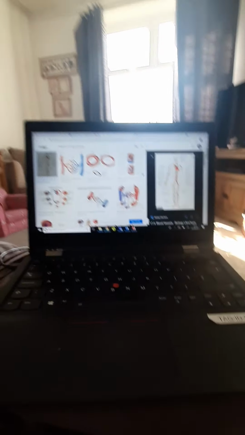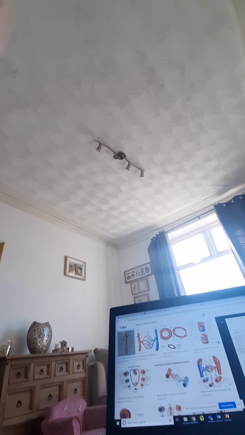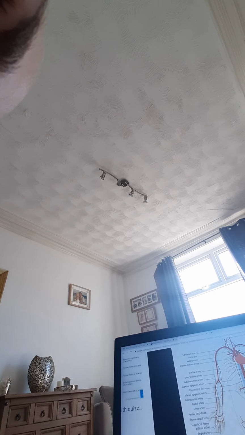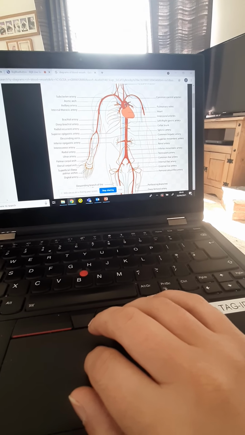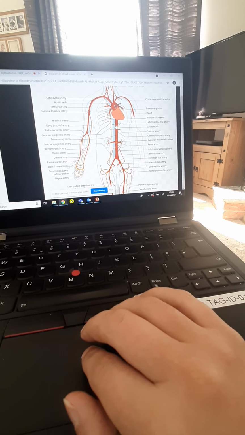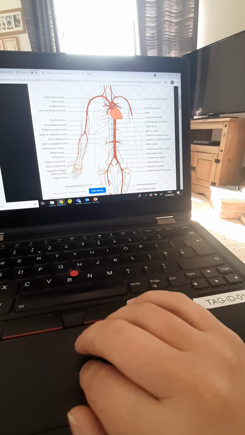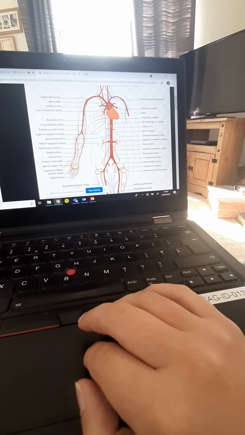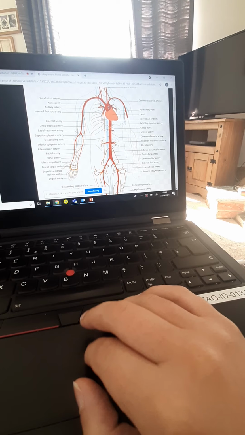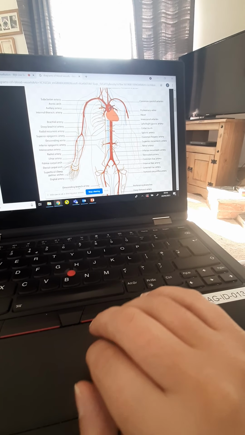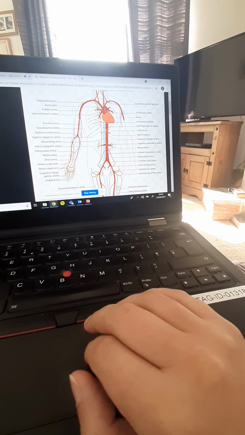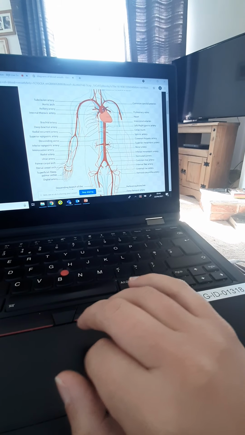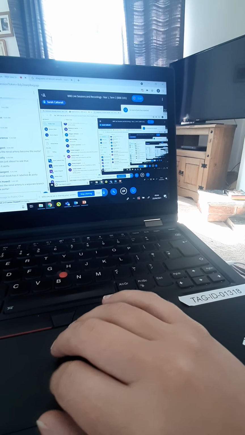So, hold on a moment. If we look at this picture here, you see the renal artery comes out and it just branches into the middle. The aorta runs right down the middle of the body. So the artery that is lying closer to the kidney is the renal artery. Okay. On this diagram, the renal artery doesn't look that big, but if you imagine in real life, it's going to be a little bit longer than that.